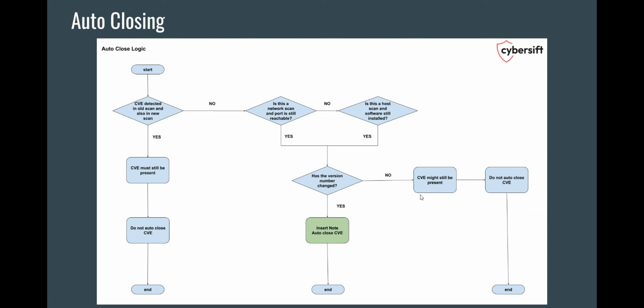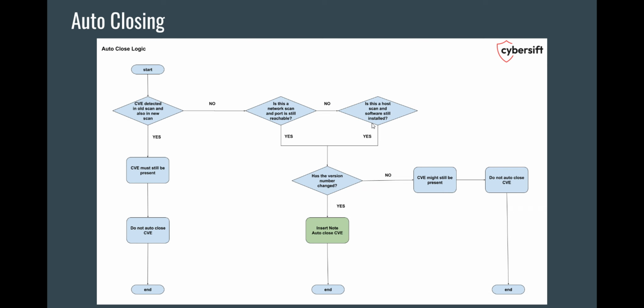If it's not still installed, then the CVE might still be present. And actually, I'm going to update this to make an extra note here, because if it's a host scan and the software is not installed, the CVE might still be present because we just haven't detected the software for whatever reason. So we do mark the software as being uninstalled, but we don't close it.